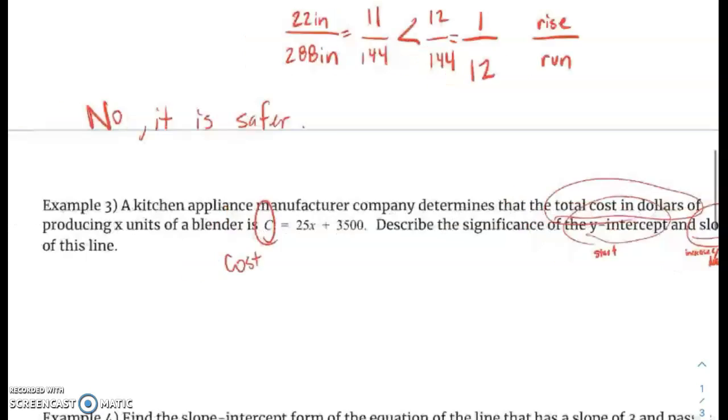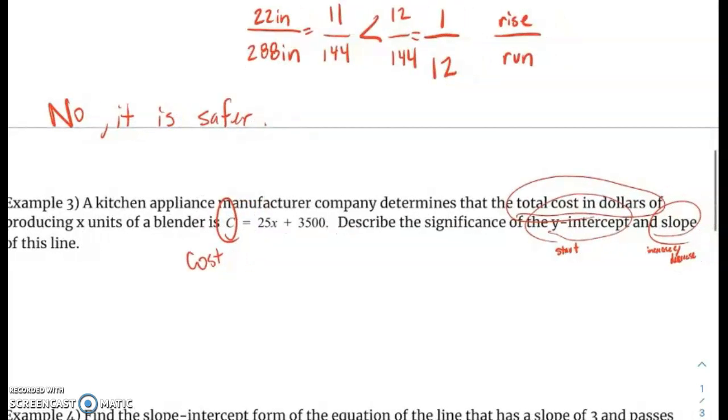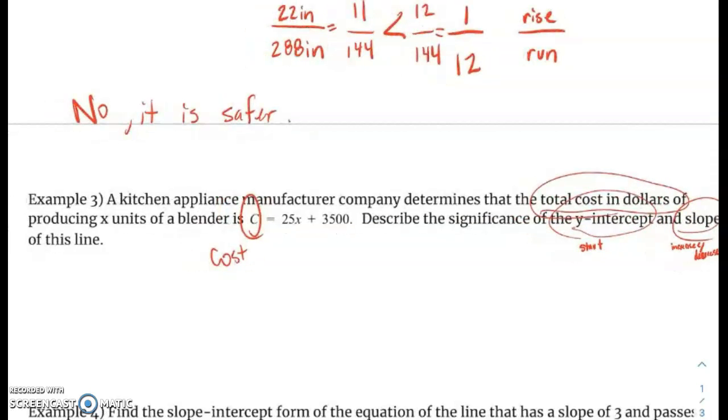Okay, so from there, what we're looking at is total cost in dollars is C. X is the number of units of a blender. And 3,500 is what we're starting with. Remember, we have to remember what the output is. The output is dollars.